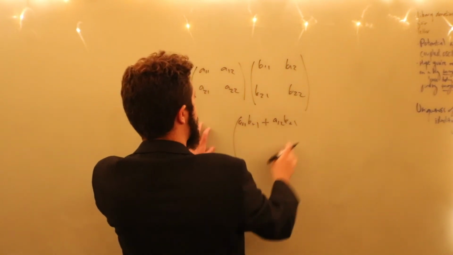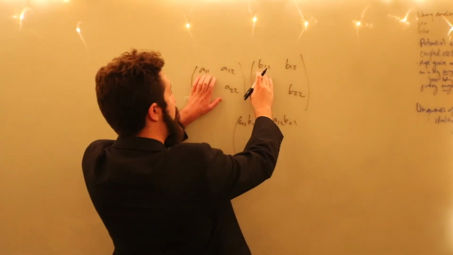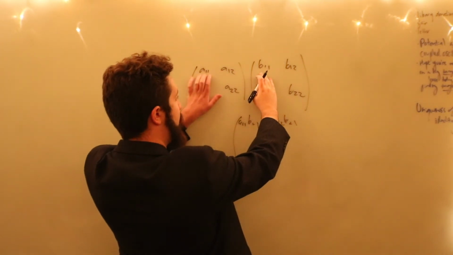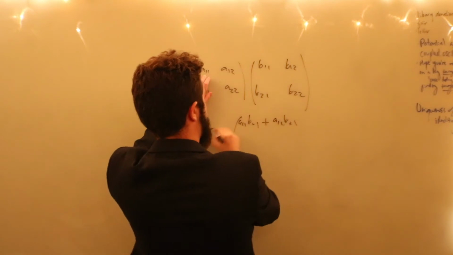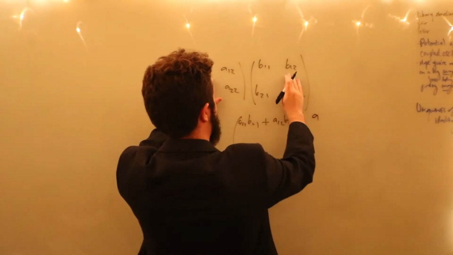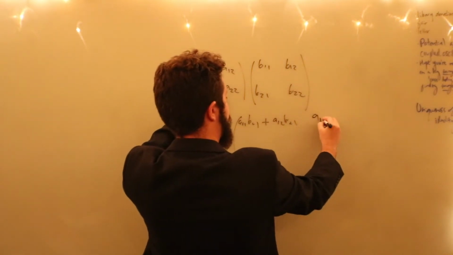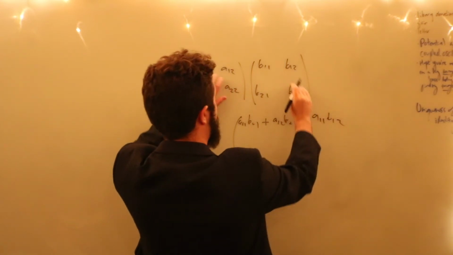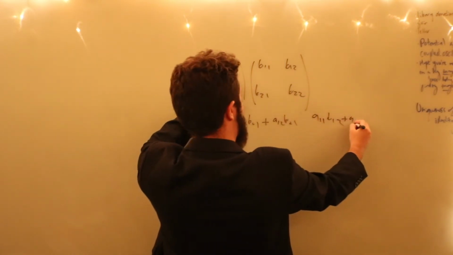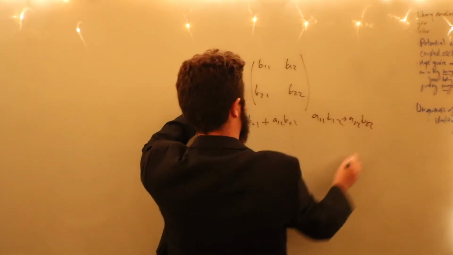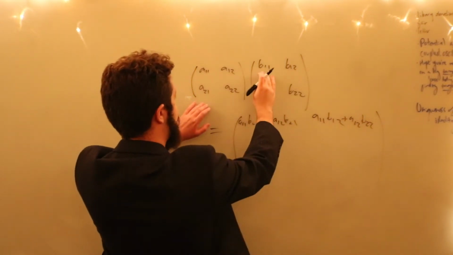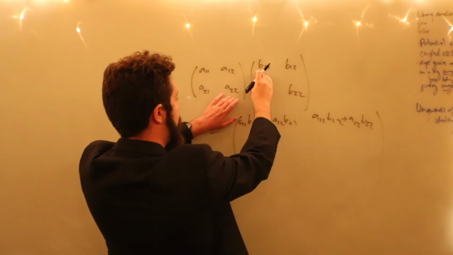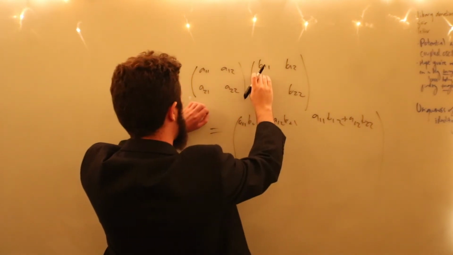Okay, so then the second entry, we're going to use this same top row, but then use this column instead. So this is going to be A11, B12 plus A12, B22. Likewise, our third entry is going to use this bottom row and this column right here.